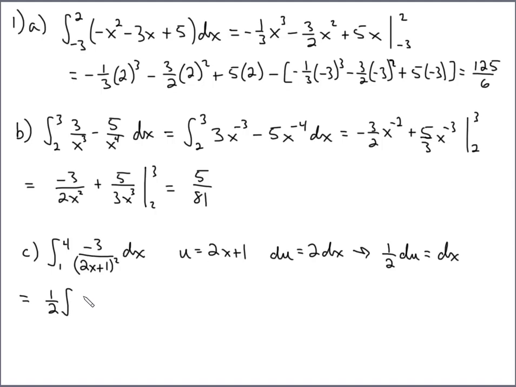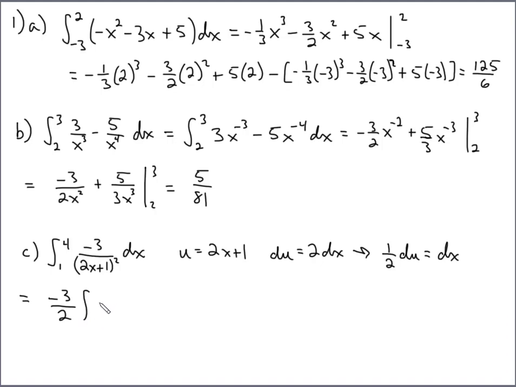This minus 3, we'll just leave it. In fact, actually probably better just to put that on the outside. Let's go ahead and do that. We'll say minus 3/2. Again, that 1/2 is coming from the dx. The dx here is going to change to 1/2 du, so there's the 1/2, and the minus 3, we're just putting it in front there.